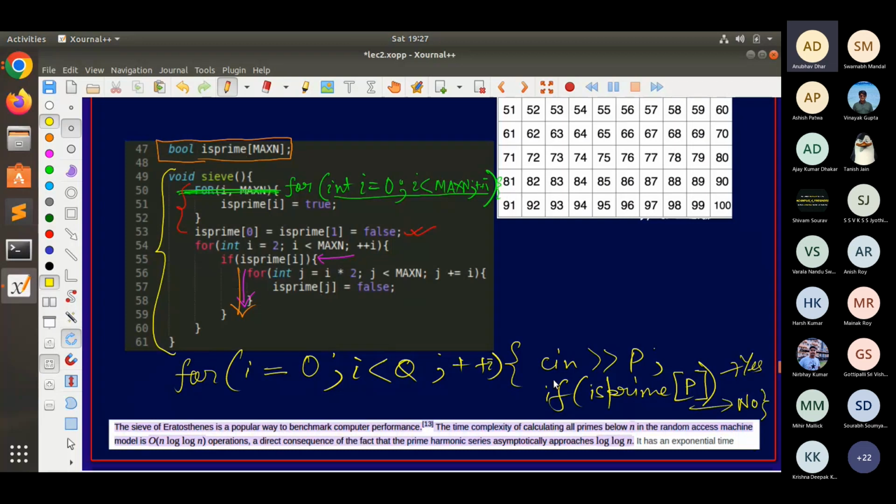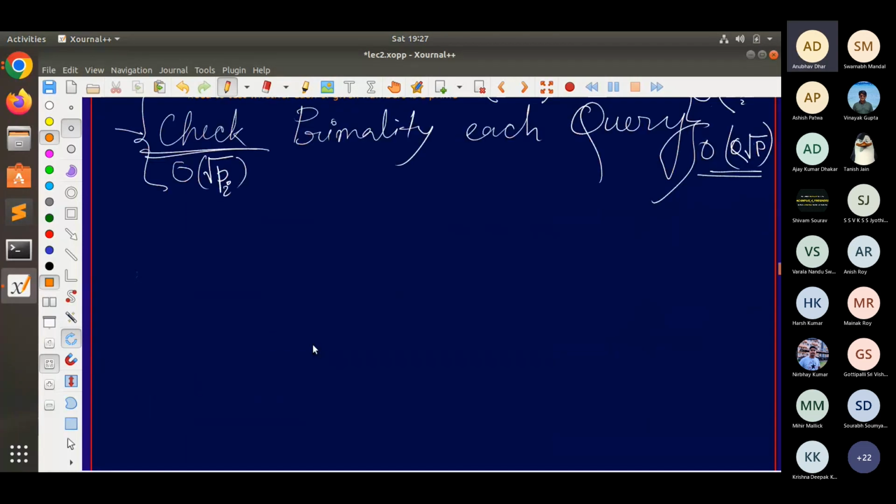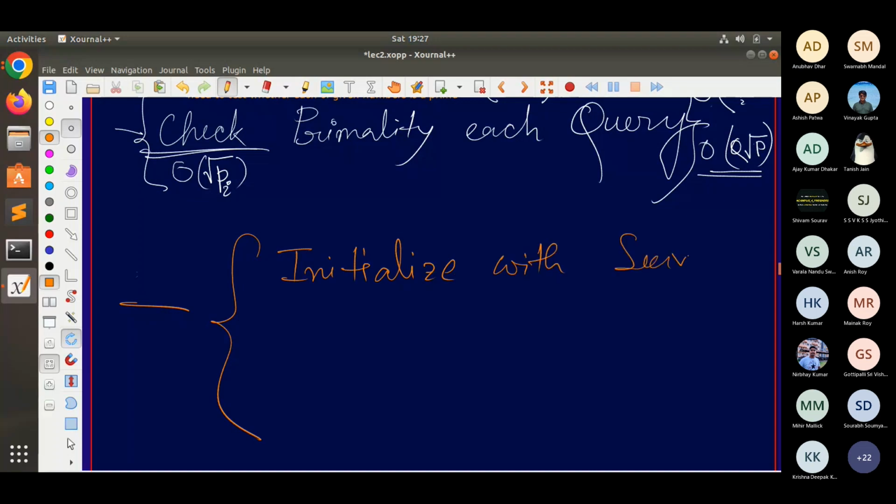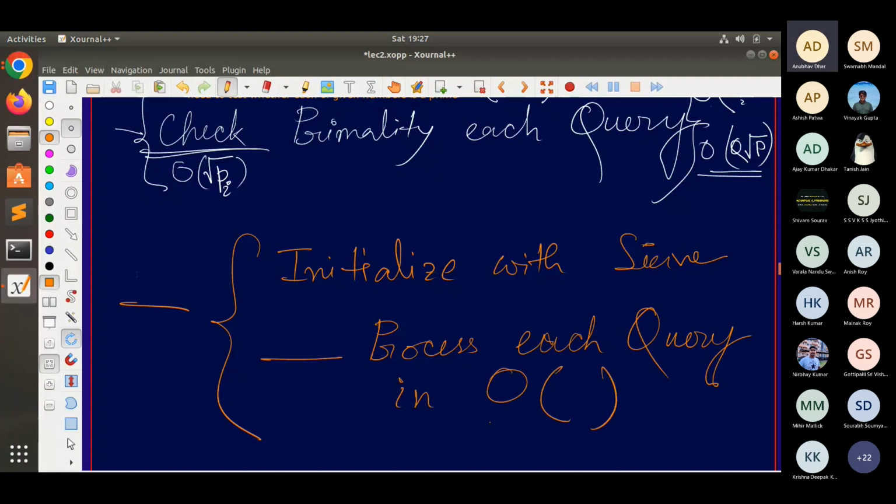Okay, so I'm not getting any response. I hope this is clear. So the point I'm trying to make is this part is for initialization. So here the algorithm would be: initialize everything with sieve, and then let's say process each query in, what should I write it over here?